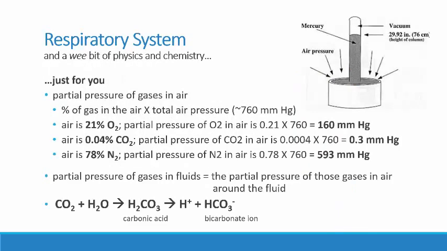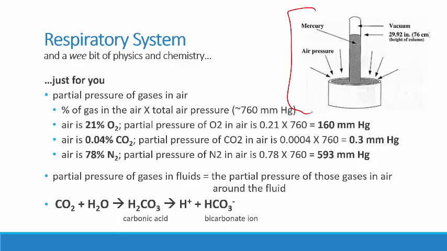To really understand what's happening with the respiratory system, we need to do a little bit of physics. First, what I'm showing here is a very old school device used for measuring air pressure.